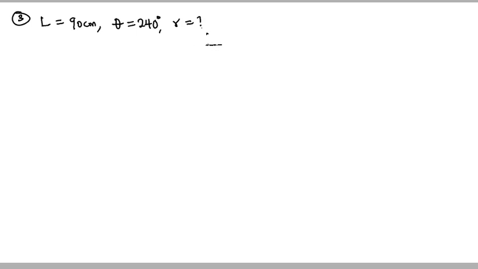We are not asked to take pi as anything, but let's take pi as 22 over 7. Since you've read the question line by line and you heard length of an arc, that means the length of an arc formula should work here. So length of an arc L is equal to theta over 360 times 2 pi r.